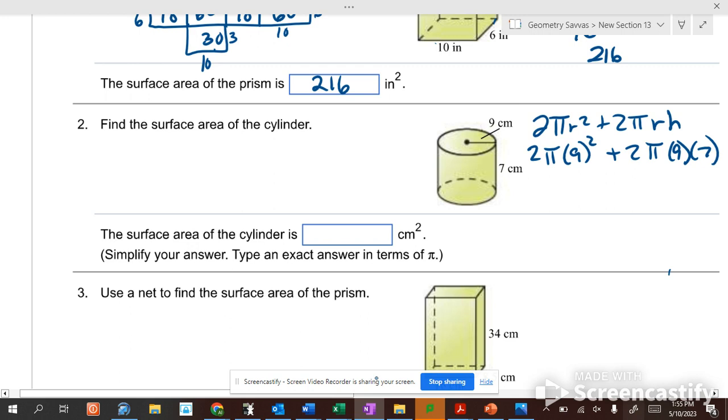Then you just do the math. 2 times pi times 81 plus 2 times pi times 63, or 162 pi and 126 pi, which is 288 pi.